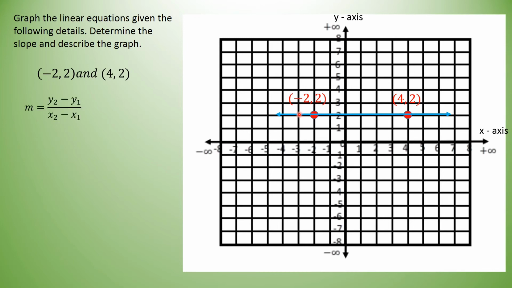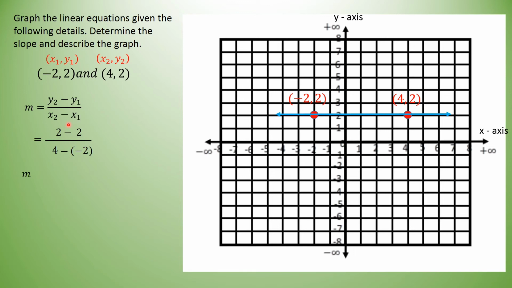Next, we have to find the slope using the slope formula. M equals y sub 2 minus y sub 1 over x sub 2 minus x sub 1. So, label the given, substitute to the formula which is y sub 2 equals 2 minus y sub 1 equals 2. So, 2 minus 2 over the value of x sub 2 is 4 minus the value of x sub 1 is negative 2.